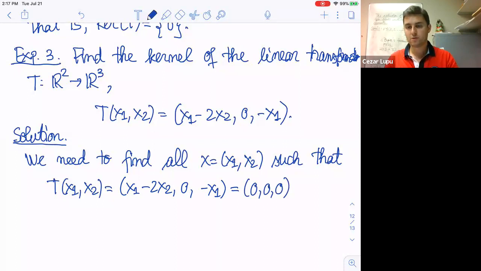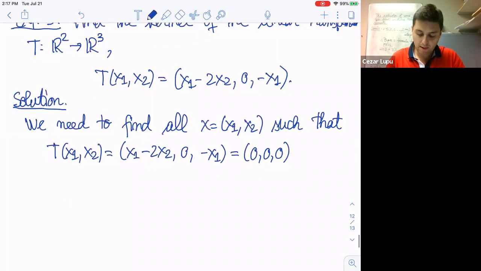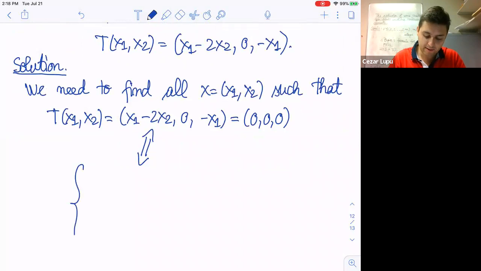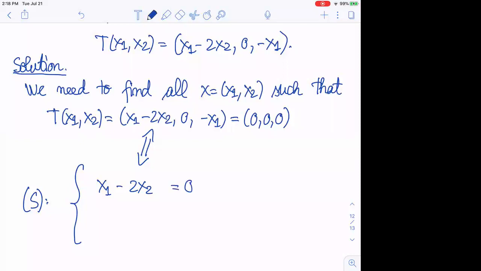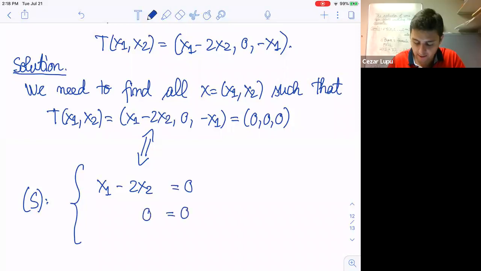For two vectors to be equal, this will be equivalent with the following system. Again, we end up with a system of linear equations. x1 minus 2x2 is 0. 0 will be 0. Thank God, otherwise we would have had a problem. And negative x1 is 0.